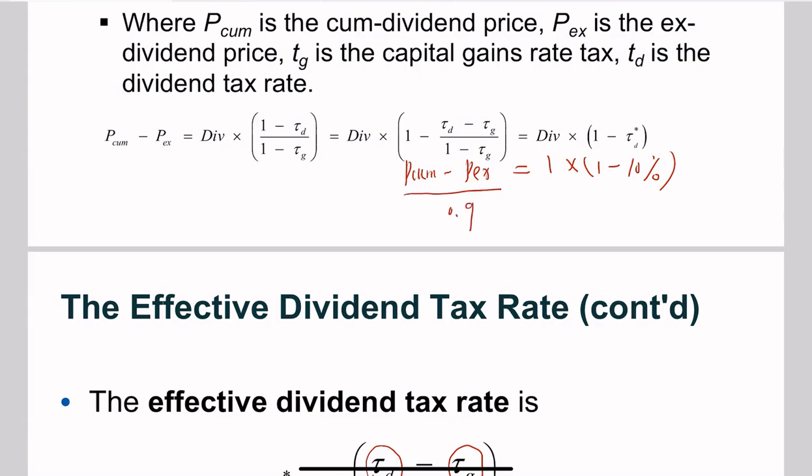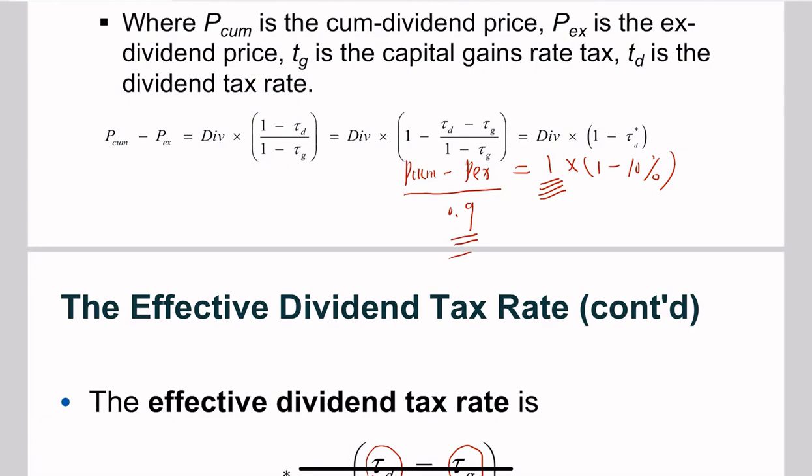So essentially you can see that it basically means that from the tax perspective, from the investor's tax perspective, receiving $1 of dividend is the same as receiving $0.9 of capital gains, right?